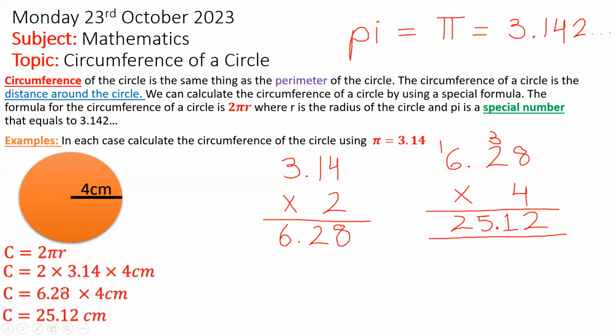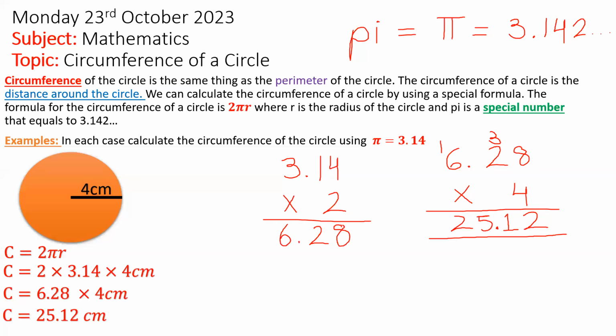And then to get the circumference, we multiplied 6.28 times 4, and then we got 25.12. Why do we use 3.14? Because pi is a special number that equals 3.14. Thank you.